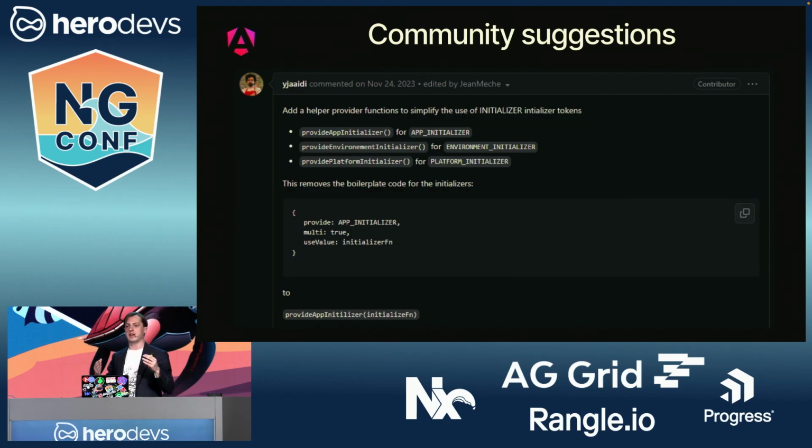It's a good idea. First he opened an issue, and then Tim suggested, okay, it's a nice idea, you could also do it. So he went for it. So the community can also bring ideas, and they can be implemented if they go along with what the team thinks the framework should provide. So the community is also a source of suggestions.